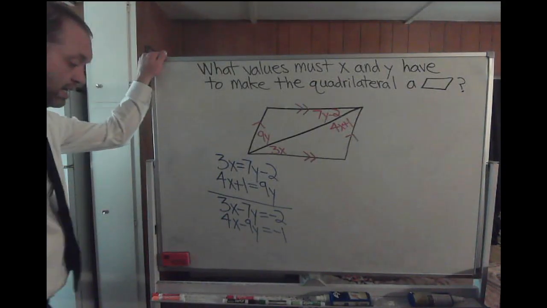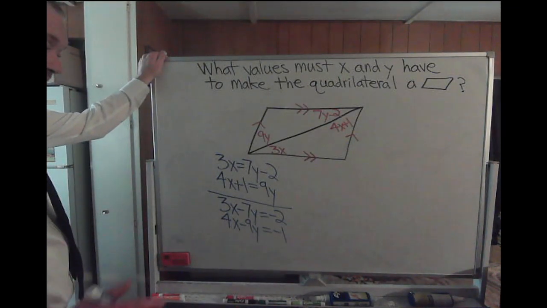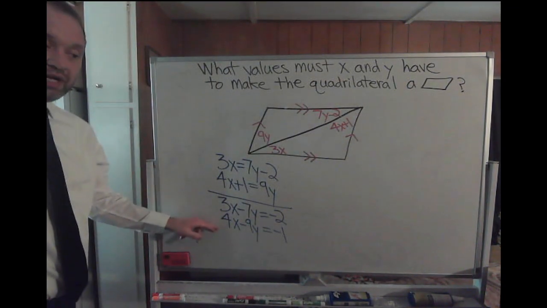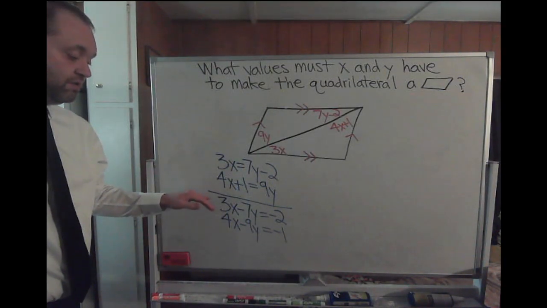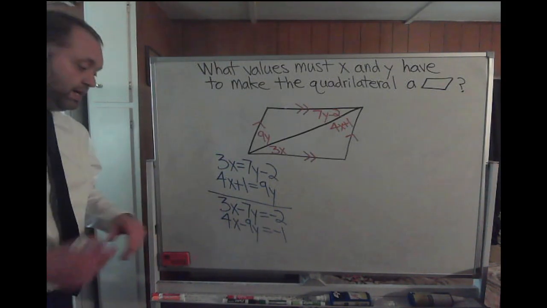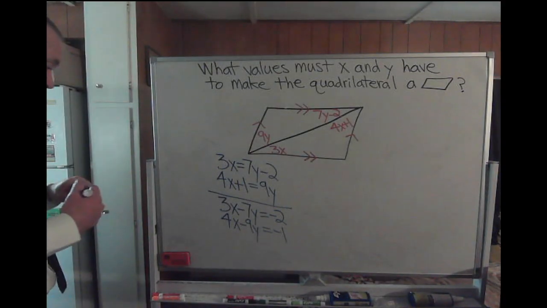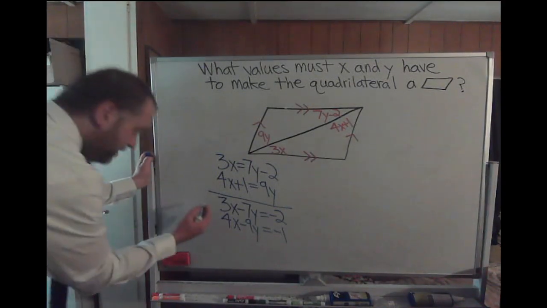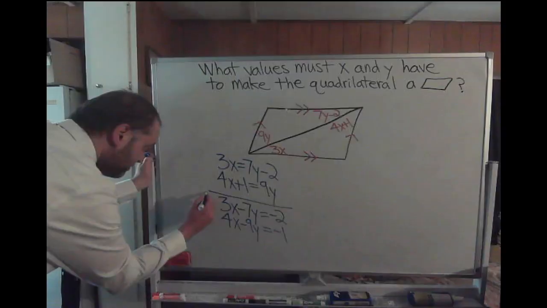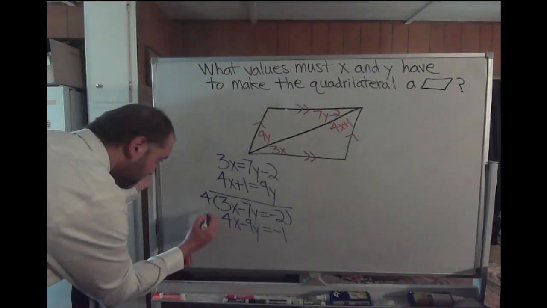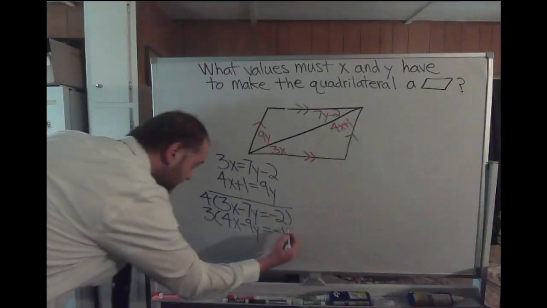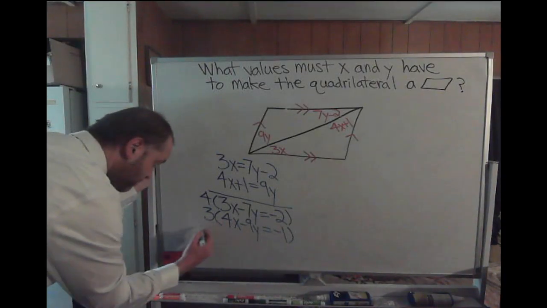Well, I think it's going to be a lot easier if we go for the x variable to cancel out with this system, because you'll work with smaller numbers that way. So what we're going to do then is take the top equation, multiply that by 4 to make that a 12x. We'll take the second equation, multiply that by 3 to make that a 12x.